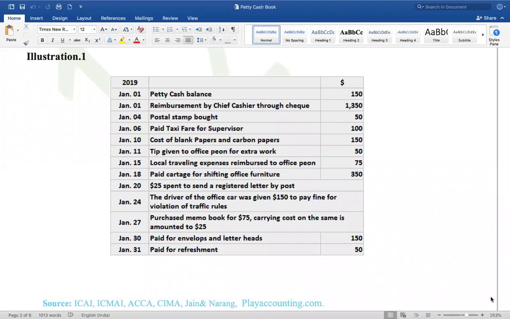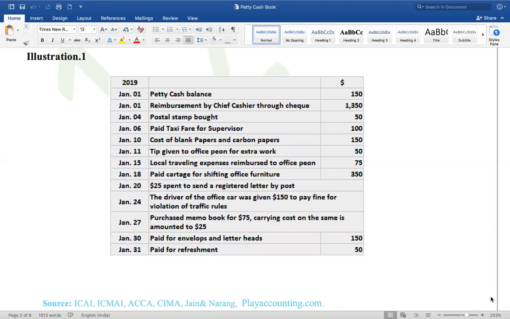On 4th, postal stamp. 6th, taxi fare. 10th, blank papers. 11th, tips given to peon. 15th, traveling expenses. 18th, cartage. 20th, letter postage. 24th, driver, this is violation of traffic rules, fine paid. 27th, purchase of memo books, 75.